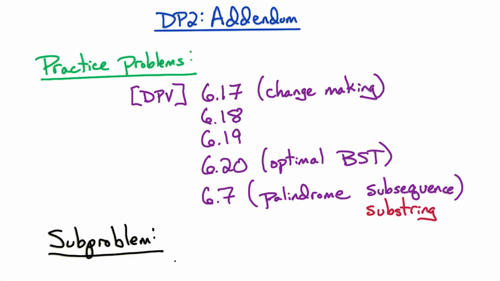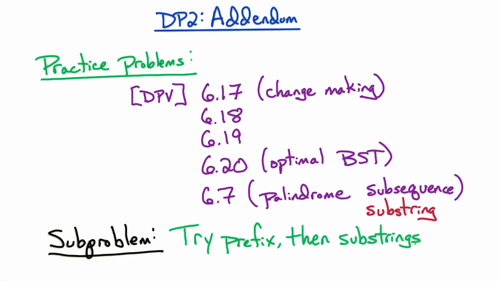Now to summarize some of what we learned in this lecture, when you're devising your subproblem, try prefixes first. If that doesn't work, you might be led in the direction of substrings. Now one important note to keep in mind is that if you do use substrings and you get it to work and you get a valid solution, then I often go back and look at whether substrings were actually necessary, or could I have simplified it and used prefixes.